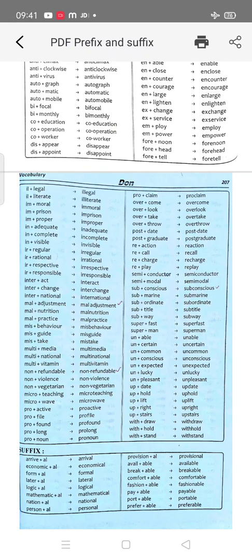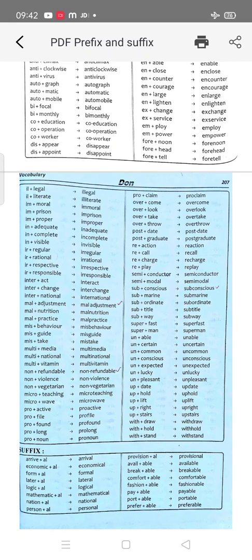Now let us see prefix along with other words. Draw, withdraw; hold, withhold; stand, withstand.